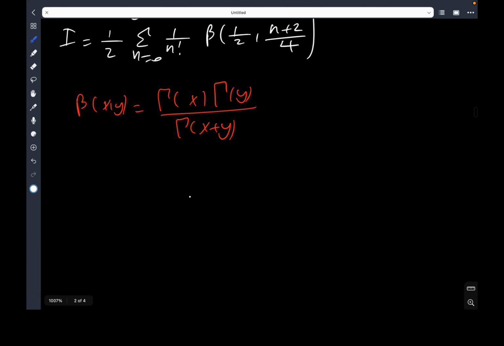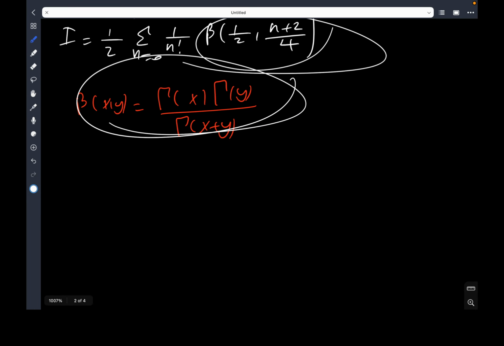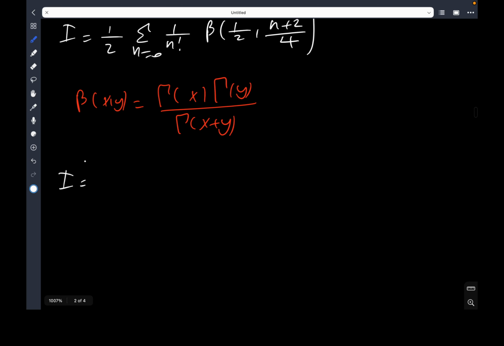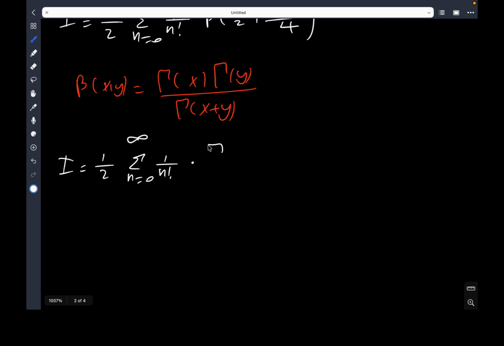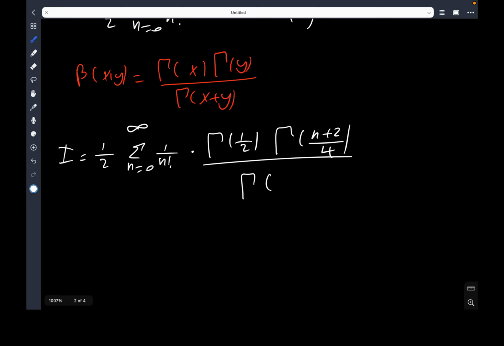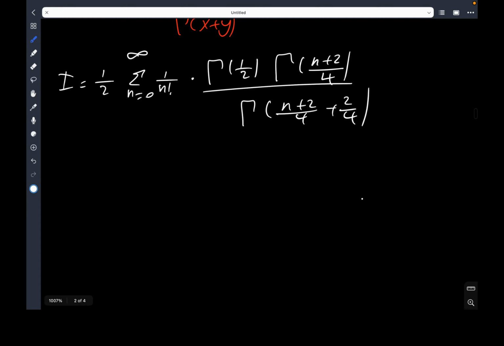Now I can use this property here to expand this beta function, and my I is going to be half the infinite sum from 0 to infinity of 1 over n factorial times gamma of half, gamma of n plus 2 over 4, over gamma of n plus 2 over 4 plus half, which is 2 over 4, which is going to give me n plus 4 over 4.